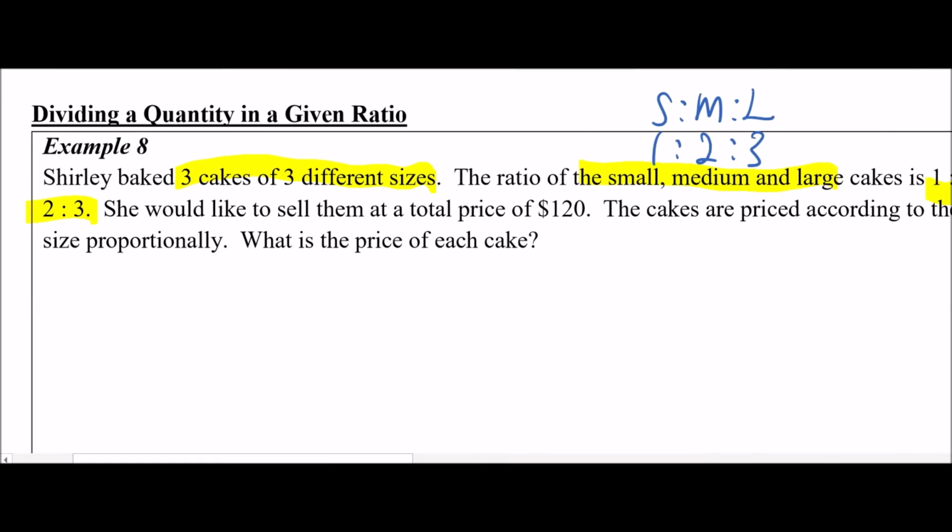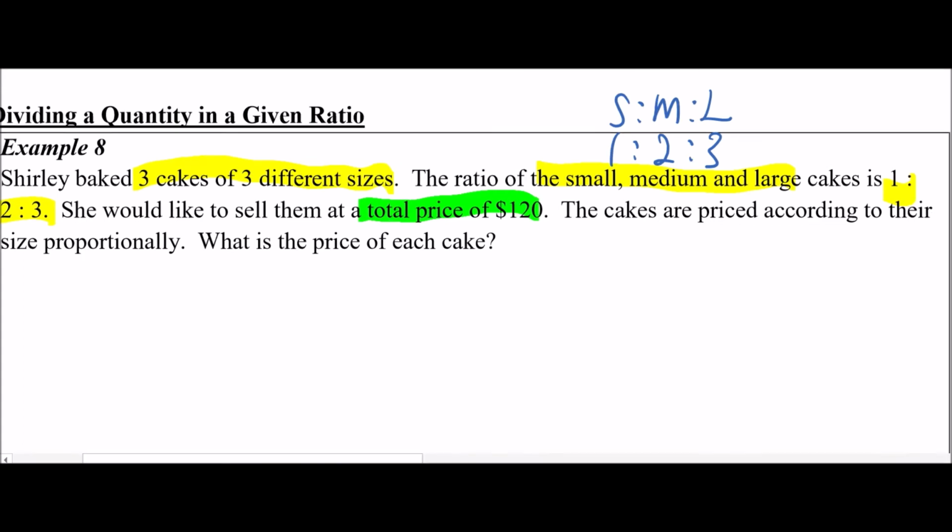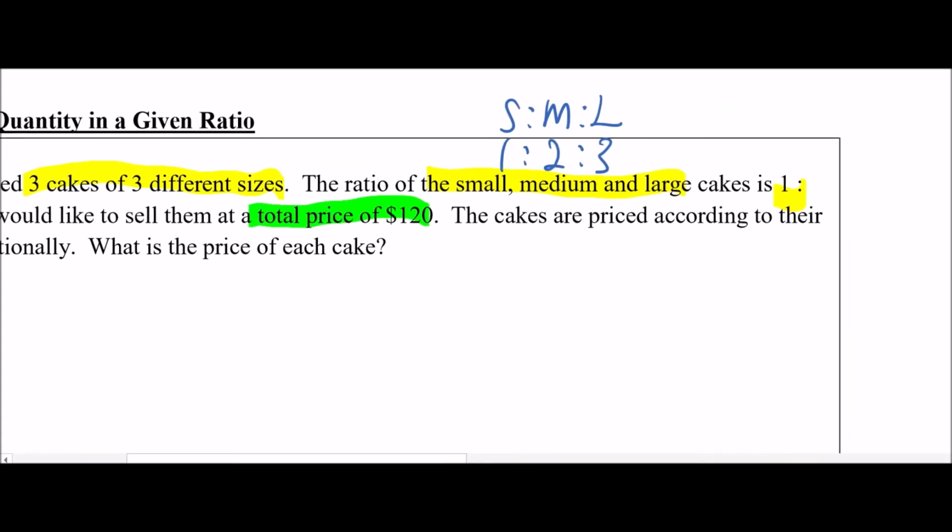Now, she would like to sell them at a total price of 120. That means Shirley is going to sell all the 3 cakes, and she wants to receive a total of $120. She's going to sell the small, the medium, and the large, and she wants to collect 120 in total.